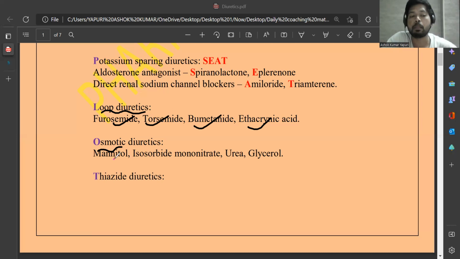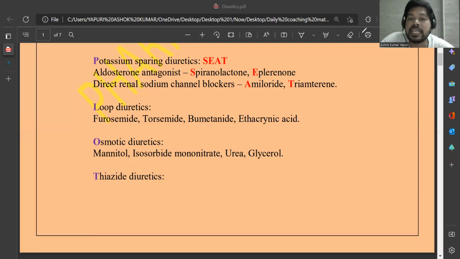Examples like mannitol, which is a sweet substance. It can also be used in pharmaceutical formulations. And isosorbide, urea, as well as glycerol. Excess usage of glycerol may lead to diabetes also. That is not a very common condition, but excess use may lead to diabetes also.